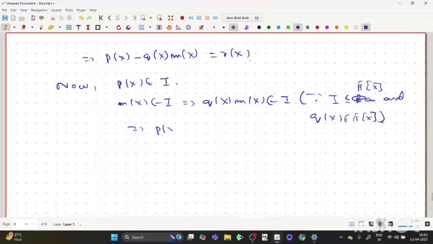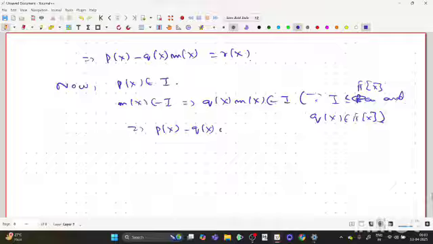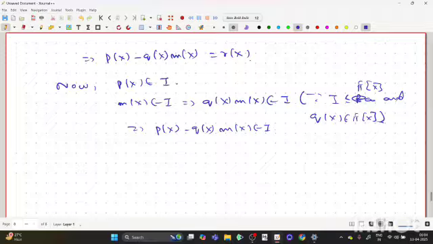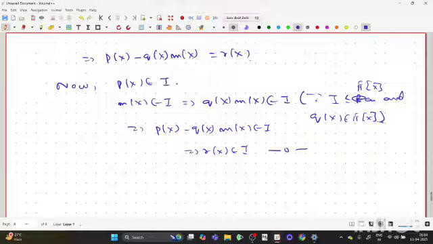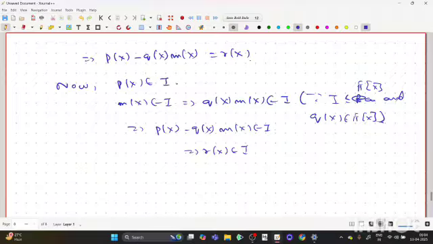Since I is an ideal of F[x] and q(x) is an arbitrary element of F[x], q(x) times m(x) must be in I. But this implies that p(x) minus q(x) times m(x) is in I, which means r(x) is in I. Not immediately a contradiction, I won't say it's immediately a contradiction, r(x) is in I.